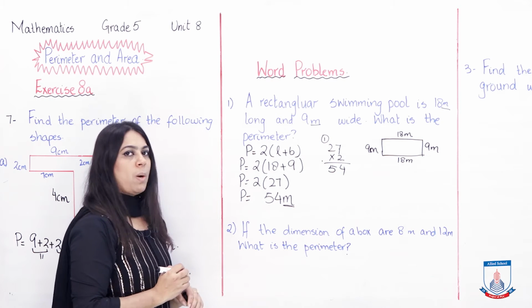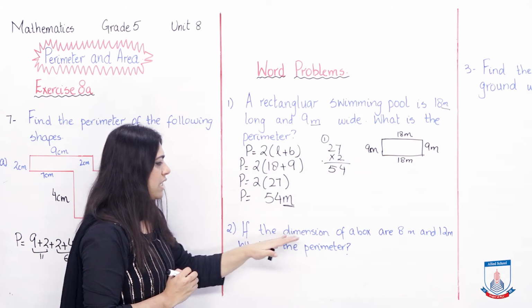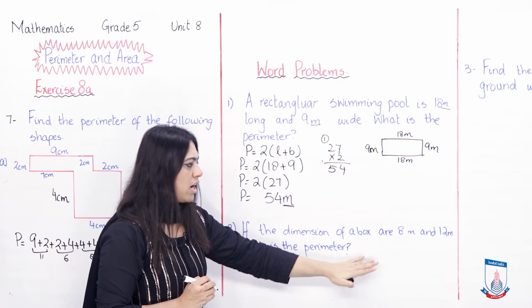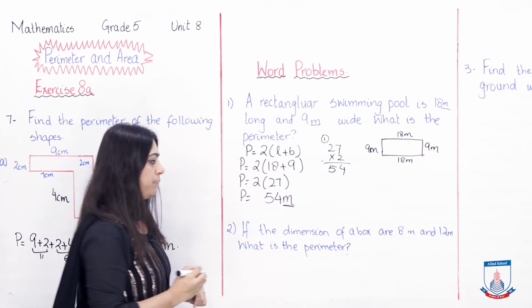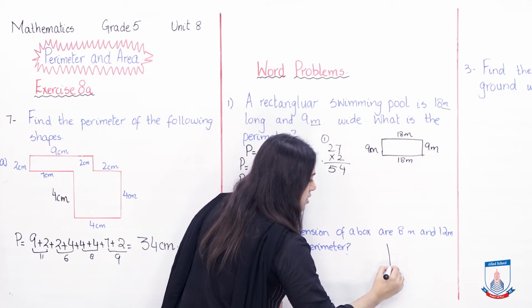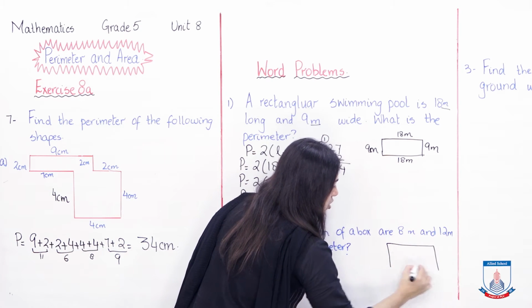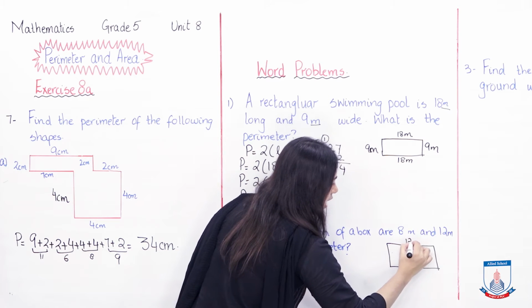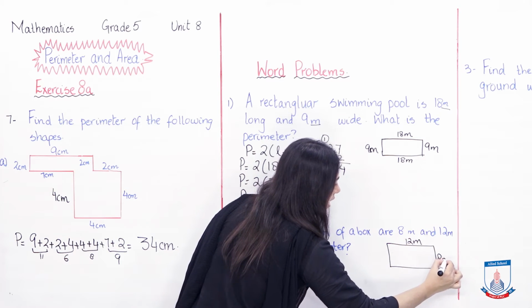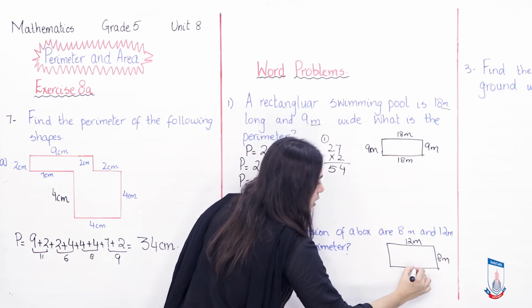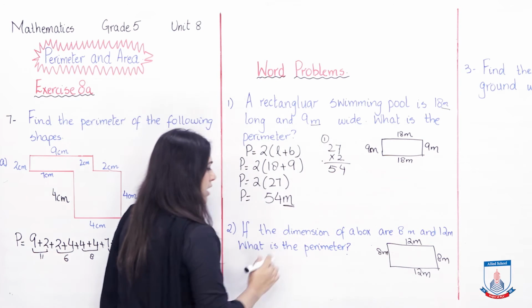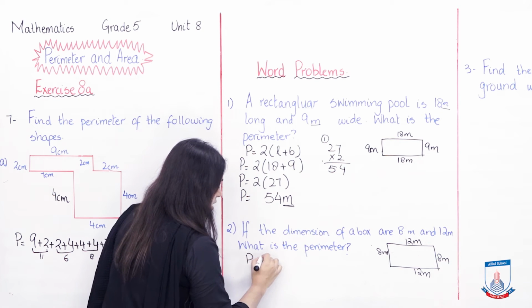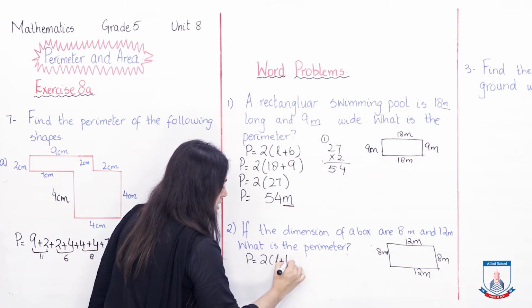What is word problem 2? If the dimensions of a box are 8 meter and 12 meter, what is the perimeter? The box has dimensions of 12 meter on one side and 8 meter on the other side. Because it's a rectangle, opposite sides will be the same. We will put it in the perimeter formula, which is 2 times length plus breadth.